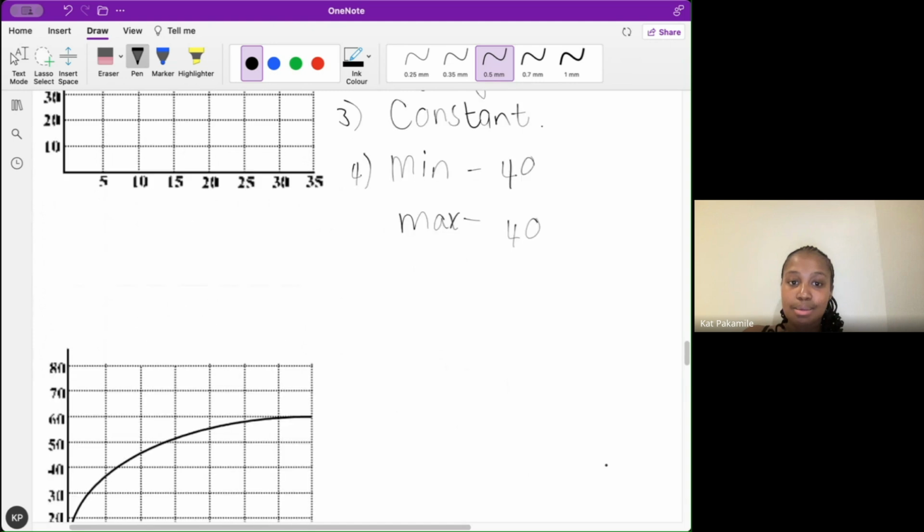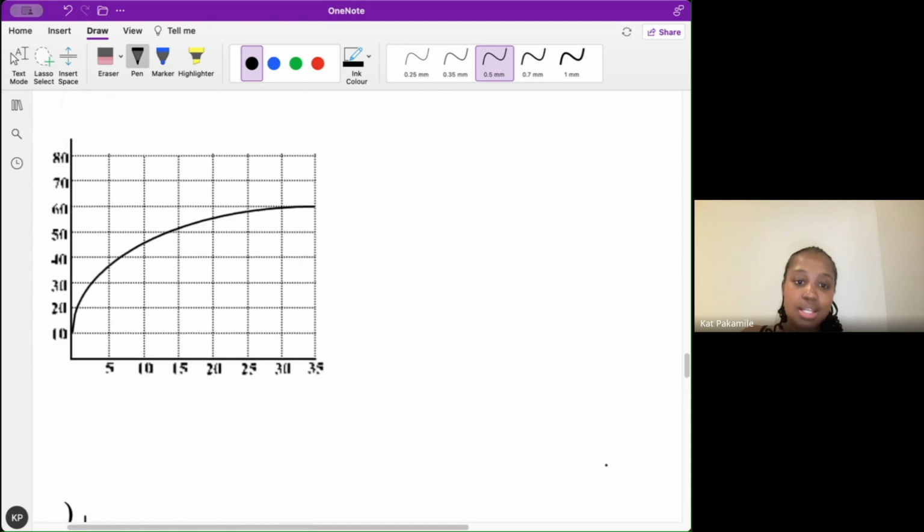Okay, now this one is a little bit interesting. Firstly, continuous or discrete? This is still continuous. I'm going to stop writing the reasons now.